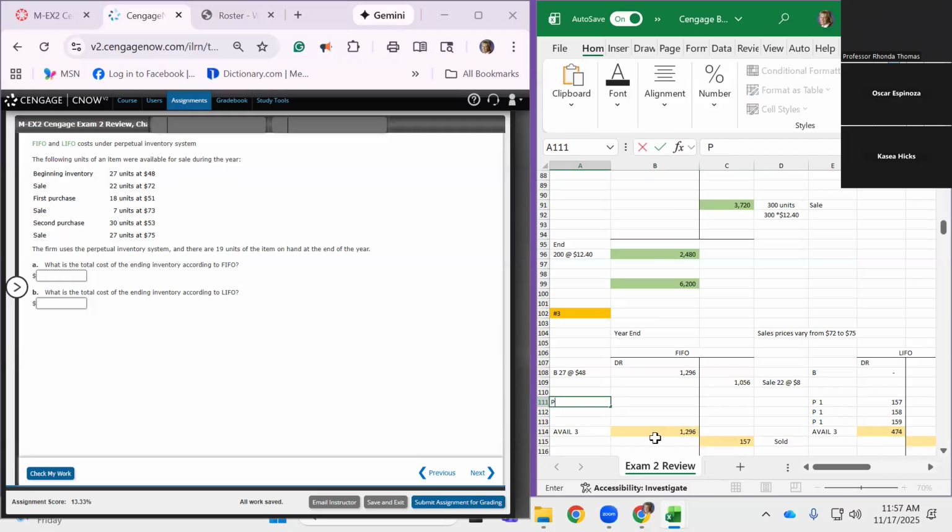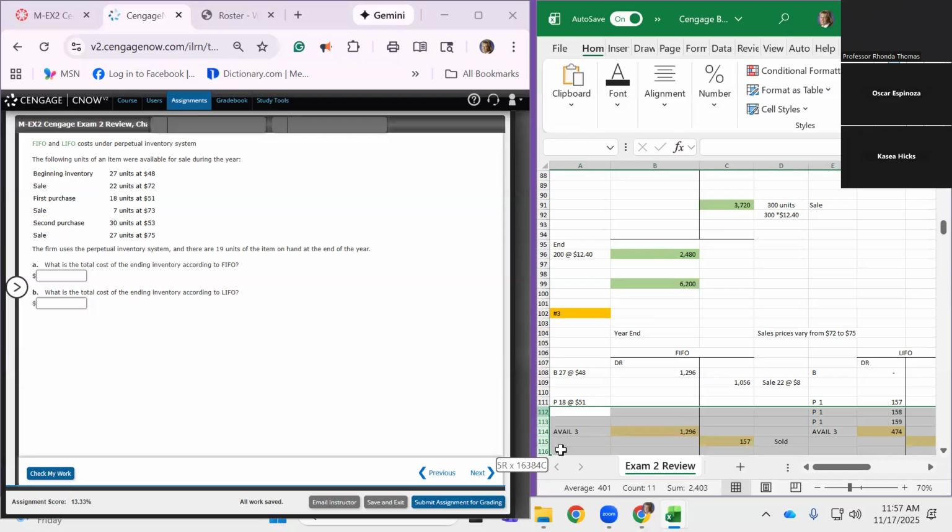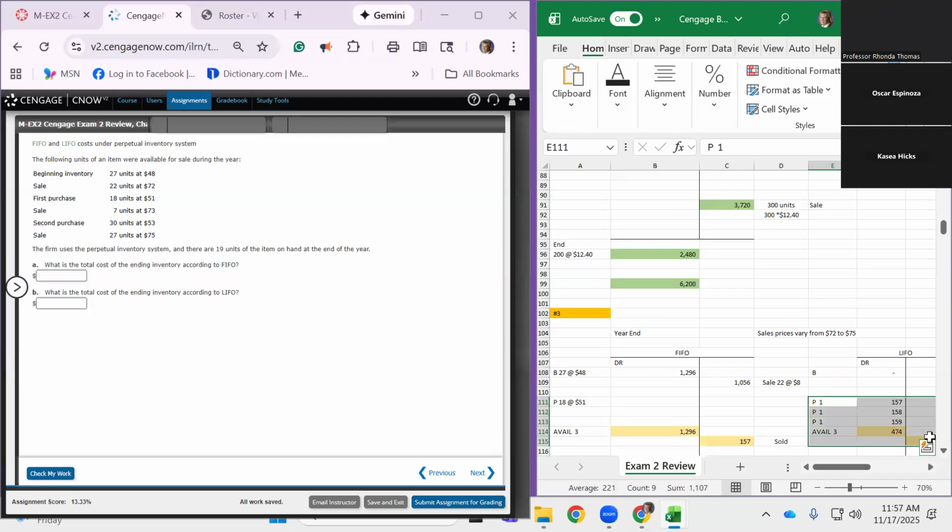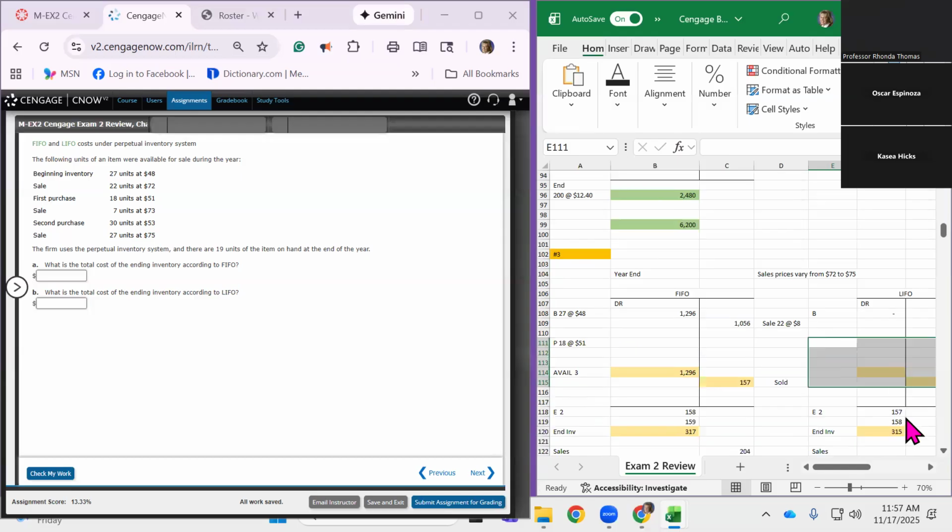Okay. So our first purchase, we purchased 18 items at a cost that should be pretty close to 48. It's 51. Okay, 51. Yep. Okay, so we're going to calculate that. I'm just going to get rid of all of this. I'm just going to be repeating it anyway. So I'm just showing you the flow. All right, so then this amount equals 18 times 51.